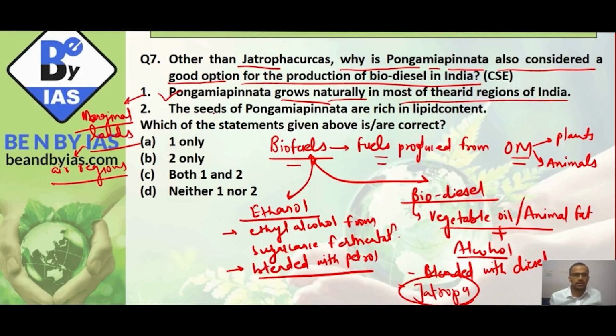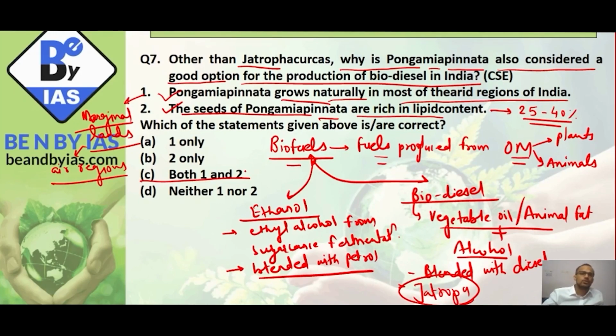Next, the seeds of Pongamia pinnata are rich in lipid content. Fine. So this particular statement says the lipid content is high. So yes, this is a correct statement, because lipid content is almost 25 to 40% in the seeds of Pongamia pinnata, and thus the second statement is also correct, and hence the answer becomes both 1 and 2.